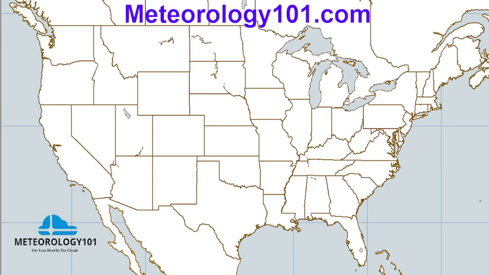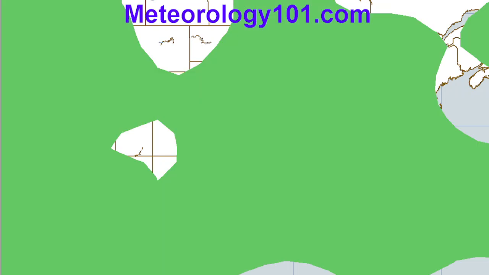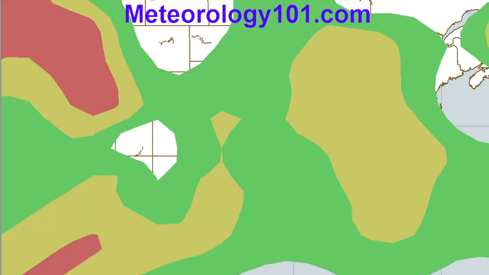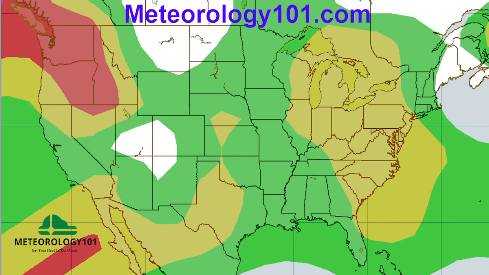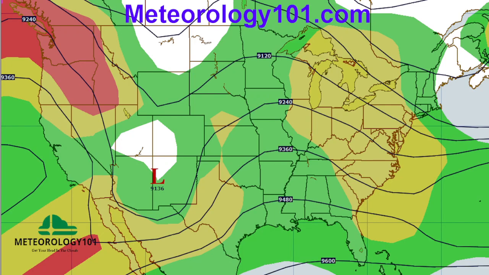And one more chart, we're going to go to the 300 millibar, and we're going to pull up the winds. Look at our jet stream. A lot of wind on this chart.